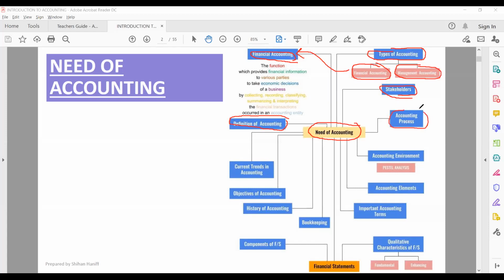Then the accounting process, accounting environment, environmental factors, accounting elements, objective, the history, important accounting terms, and bookkeeping. These are the subtopics in the first chapter. I will be explaining one by one. Okay, so let's start.